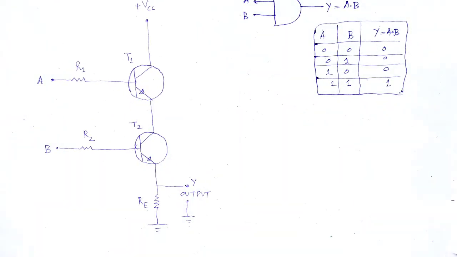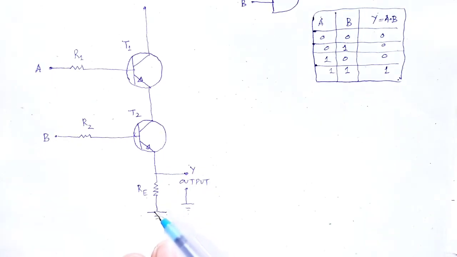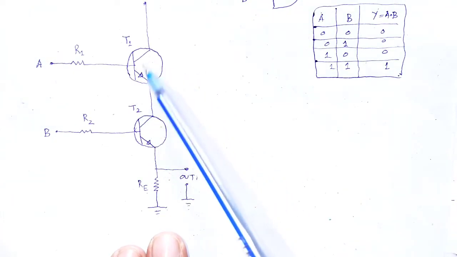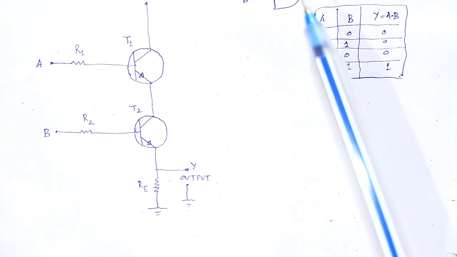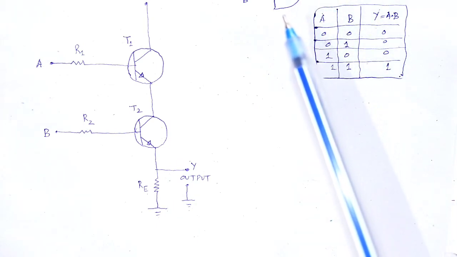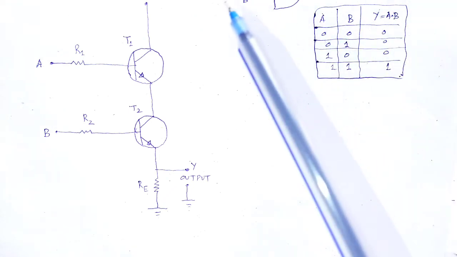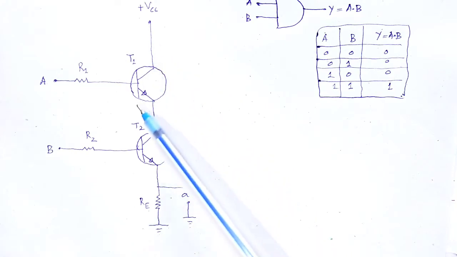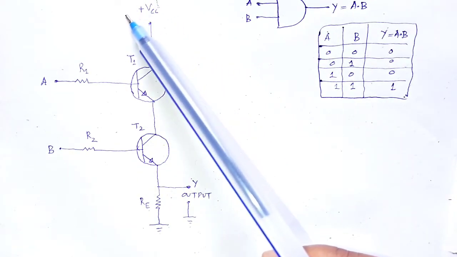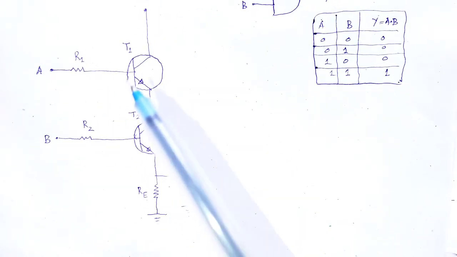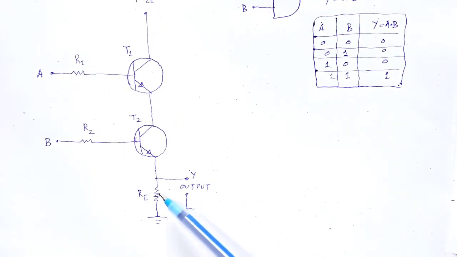Since both inputs are 0, these two transistors act as open circuits. Therefore, all the connections are removed from plus VCC and the output section. Therefore, we obtain 0 current through resistor RE.